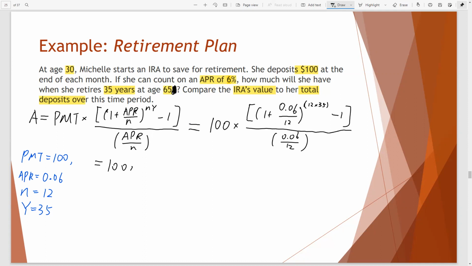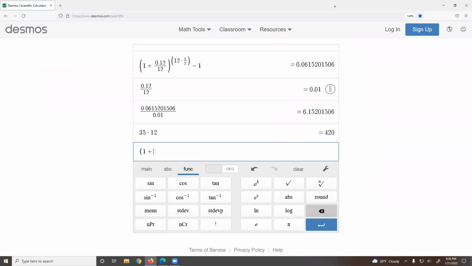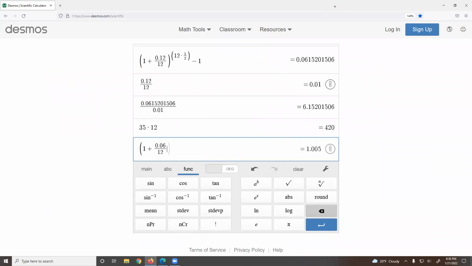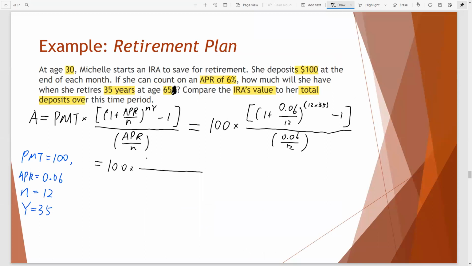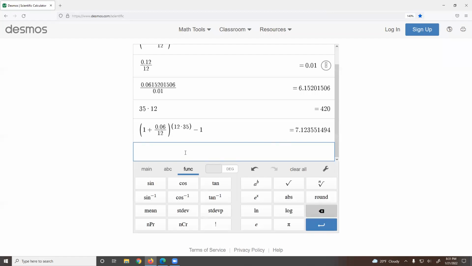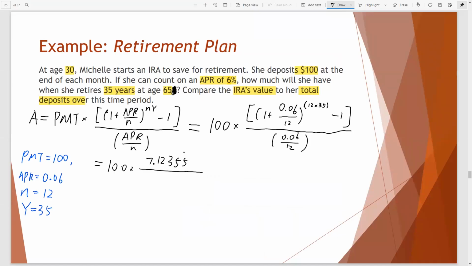So we have 100 multiplied by the numerator. That is the whole thing: 1 plus 0.06 divided by 12, raised to the power of 12 payments times 35 years, minus 1. Wow, that's 7.123551494.